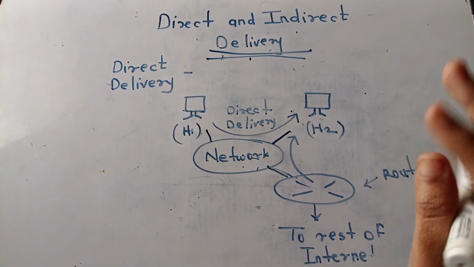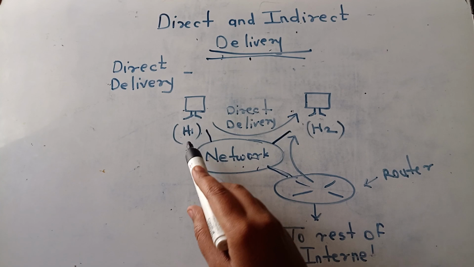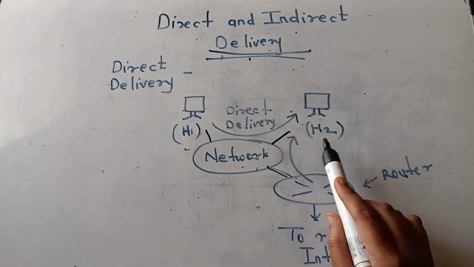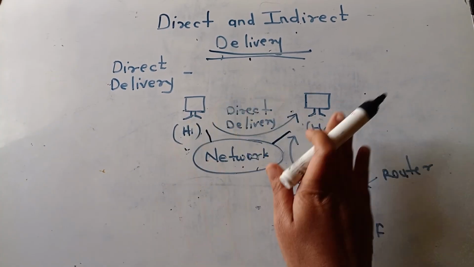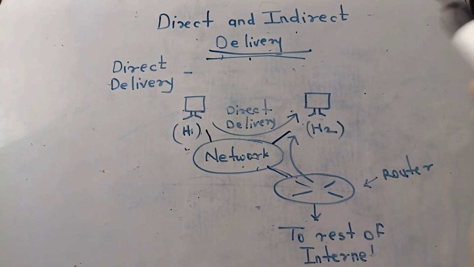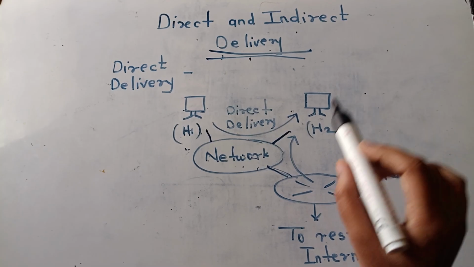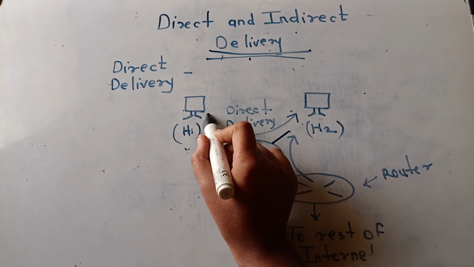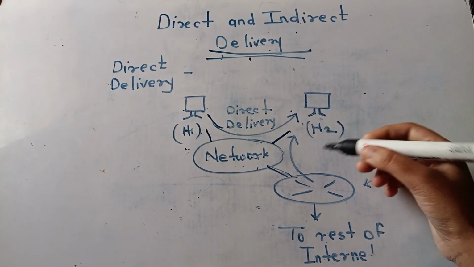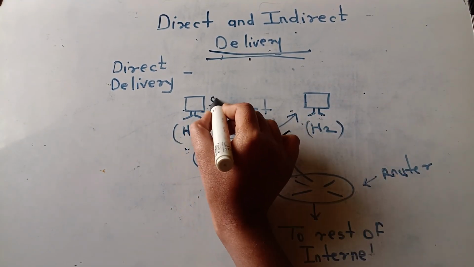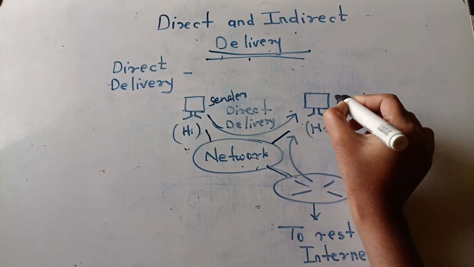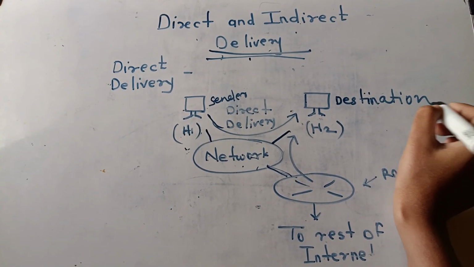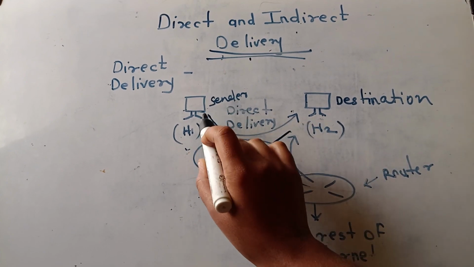When our host or sender is sending a packet to another receiver or device, if those two devices are connected to the same physical network, then this is called direct delivery. Direct delivery can happen from sender 1 to sender 2, or via the router to the destination.